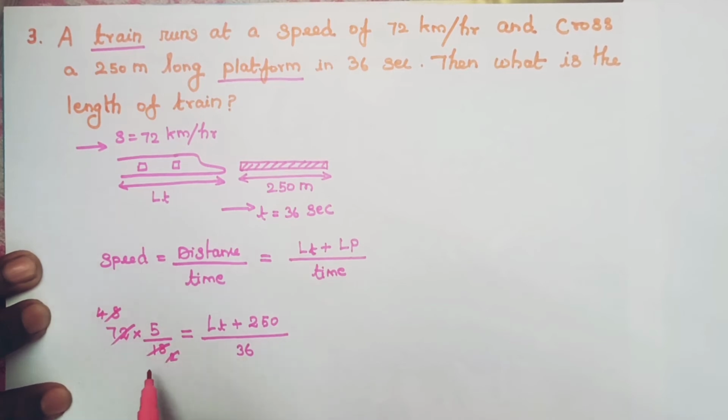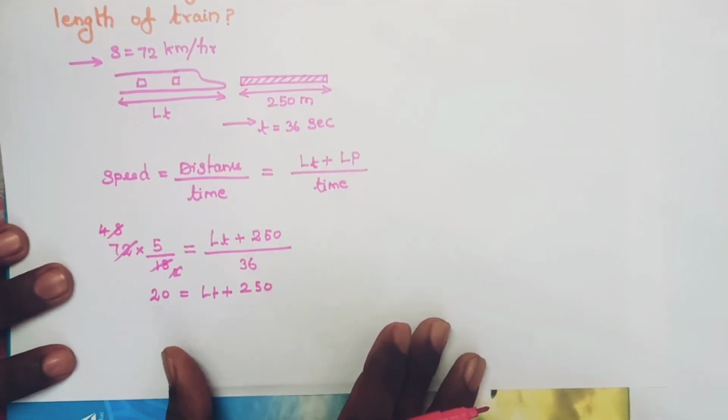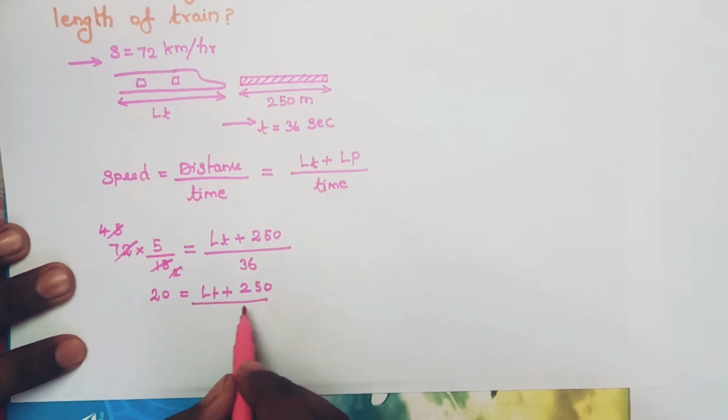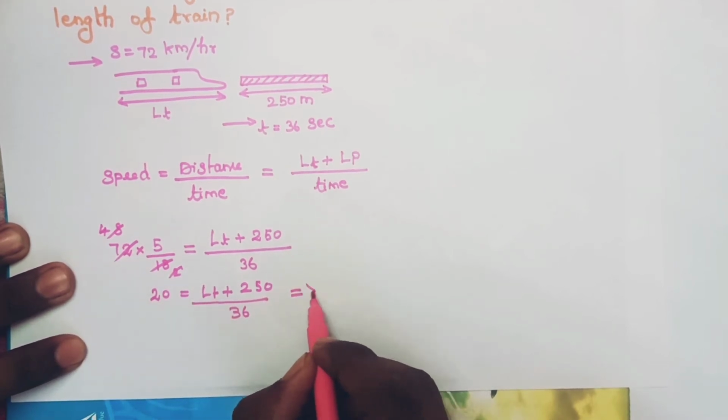Four 5s are 20 equal to LT plus 250 divided by 36.